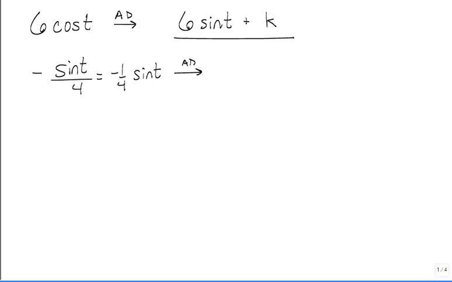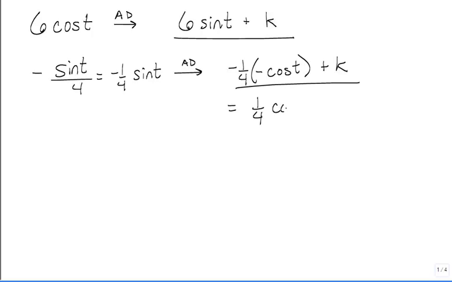So for the antiderivative, I just leave the negative 1/4 out in front. The antiderivative of sine is minus cosine. Remember, it should be the opposite of the derivative, and that's going to be 1/4 cosine t plus k, or cosine t over 4 plus k.